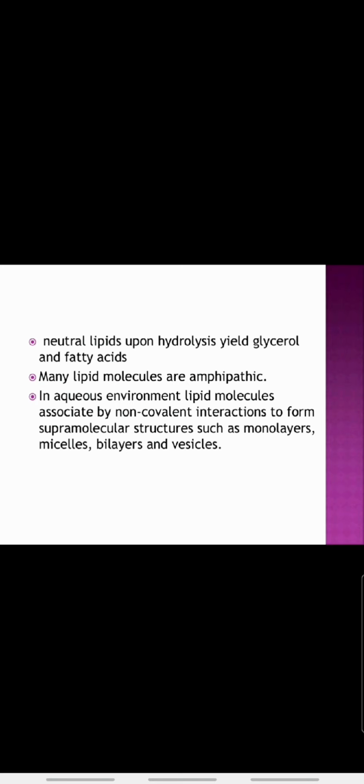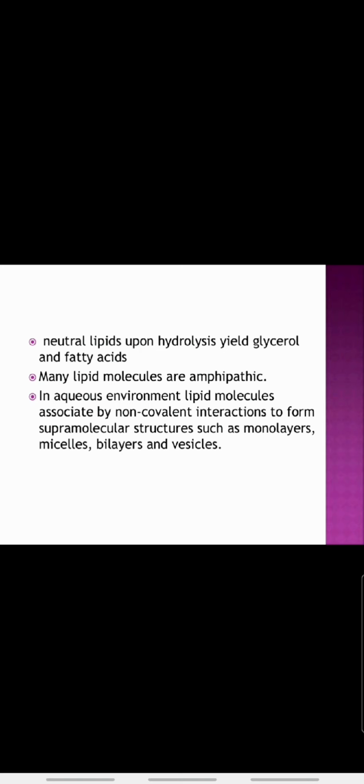Later on, we will dig deeper into that terminology, glycerol and fatty acid. And as I said a while ago, the two components of a fat are glycerol and fatty acid.